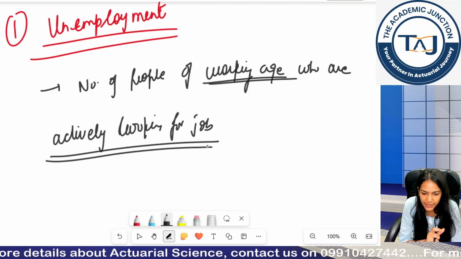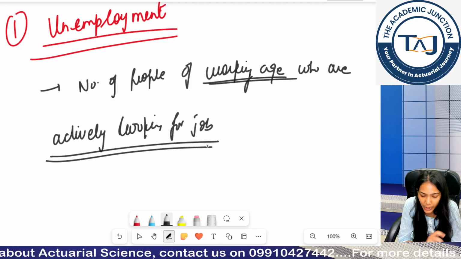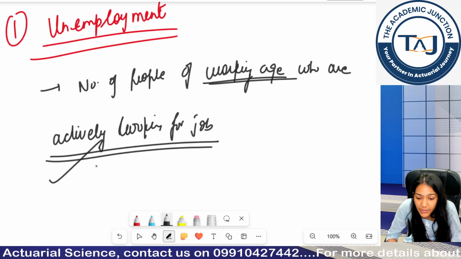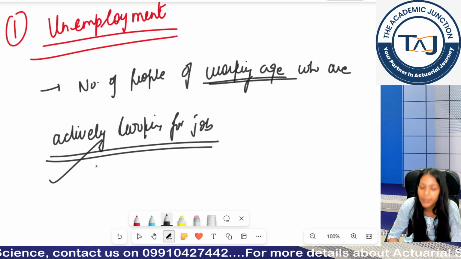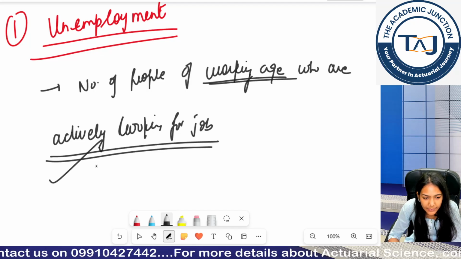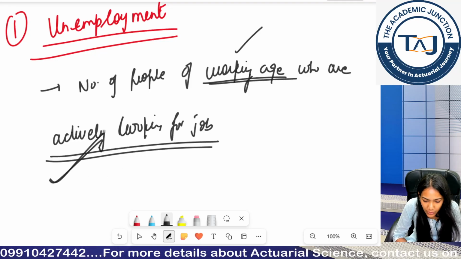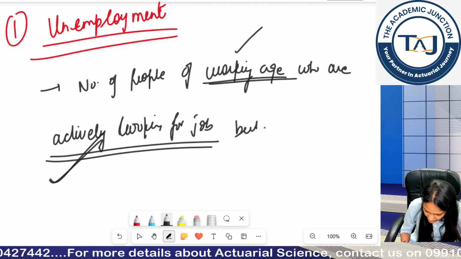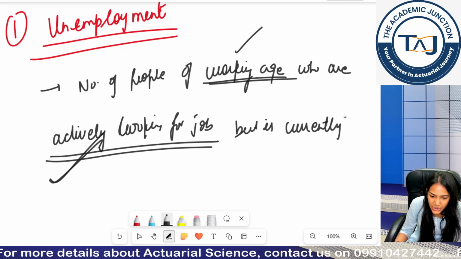The first person, who wants to do a master's, is not called unemployed, because he is not actively looking for a job. But the second person, who is not getting a job, can be called unemployed. Is the difference clear? The person should be of working age, should actively look for a job, but is currently without a job. Obviously this last condition is that the person should not have a job.